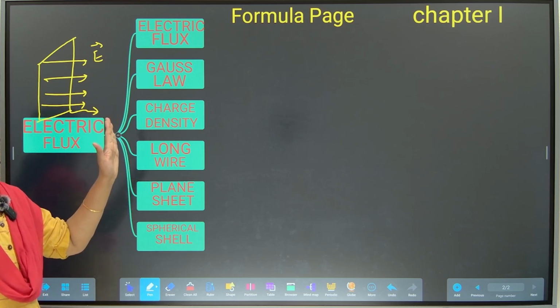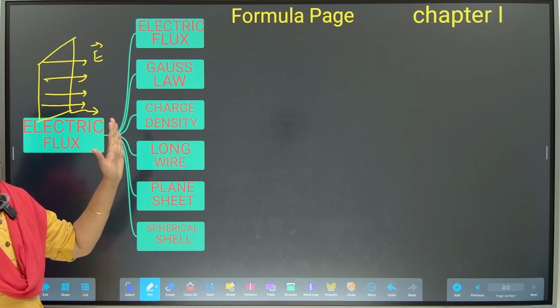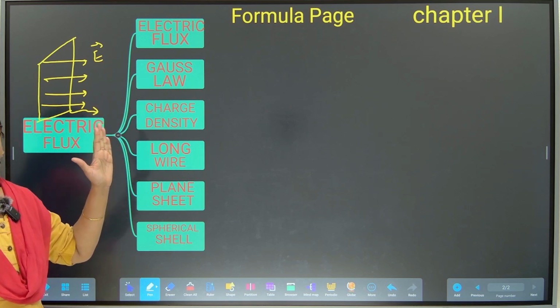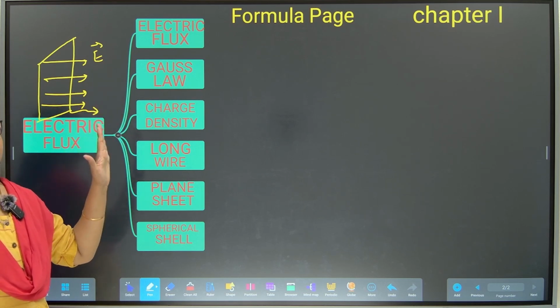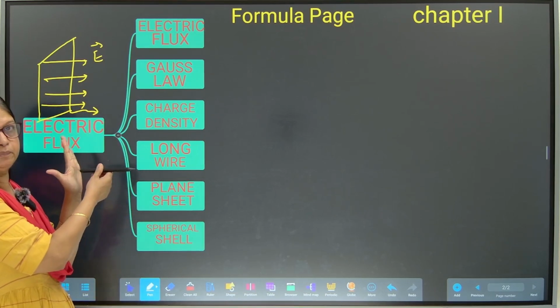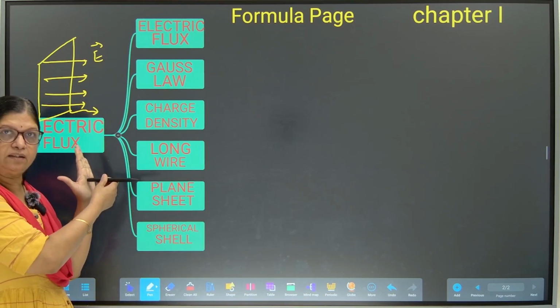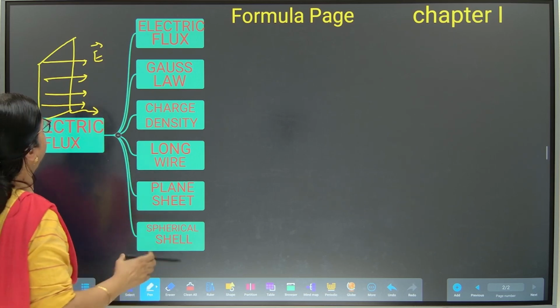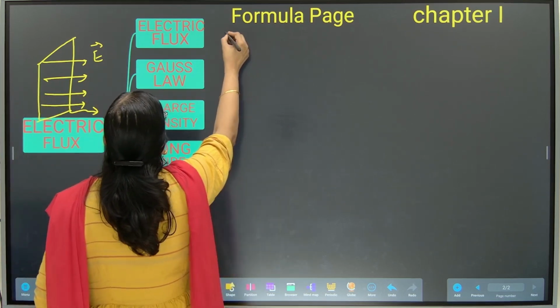If I change the direction of the plane with respect to the board where the electric field lines are, then theta will change. What is the direction of the area element? It is always perpendicular to the plane through which the electric field is passing. So we write the formula of electric flux.